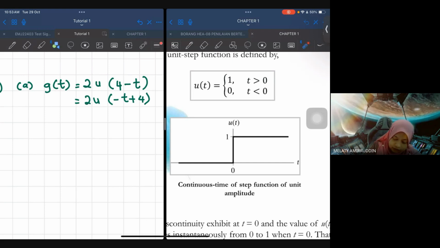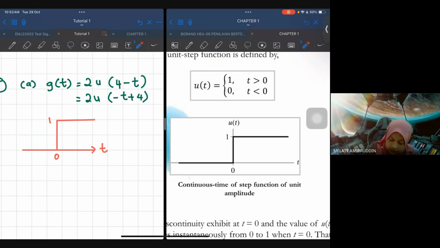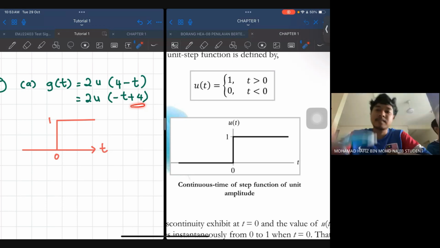So, we draw first the signal. This is UT signal. At 0, the amplitude is 1. This is T. Now you need to shift the signal to the left or to the right? Left.